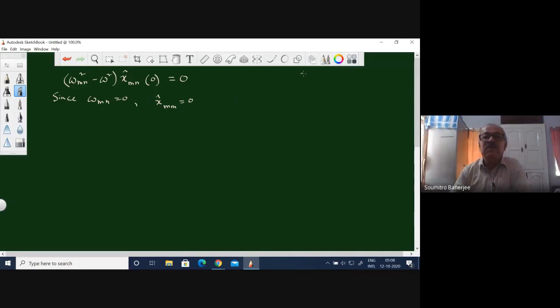Let me now write how it should look. All the diagonal elements must be 0. Now, it will exist only when the omega mn is equal to plus or minus omega, right? So it will be a non-zero value.